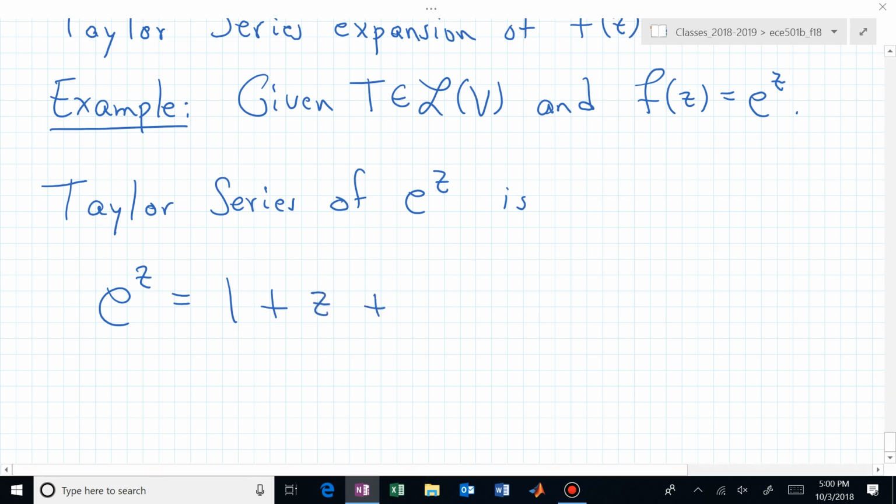All of that gives us z, plus the second derivative of e to the z. That's still going to give us 1 at z equals 0. But now we have 1 over 2 factorial, the quantity z minus 0 squared, and we just keep going.